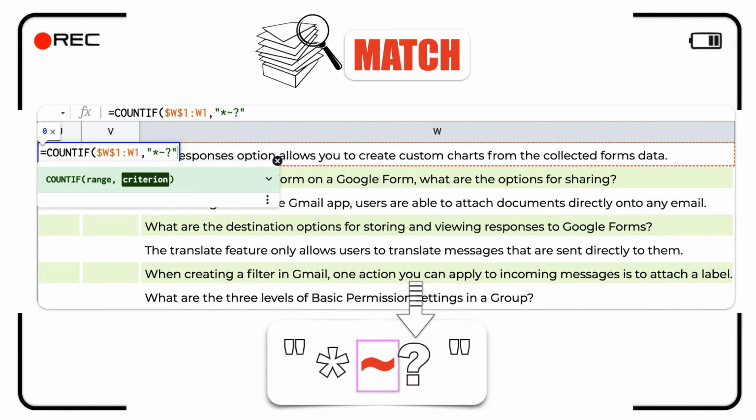We use the tilde symbol before the question mark to indicate it's a question mark and it isn't a wildcard character. This pattern, the asterisk followed by tilde followed by a question mark, matches any row that contains a question mark preceded by any number of characters.